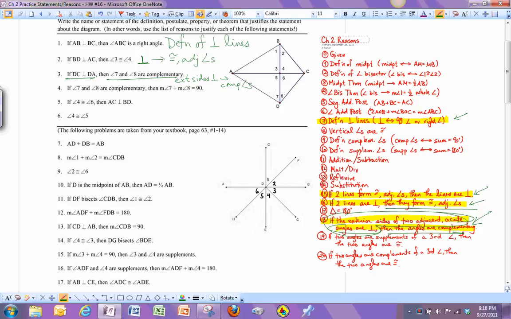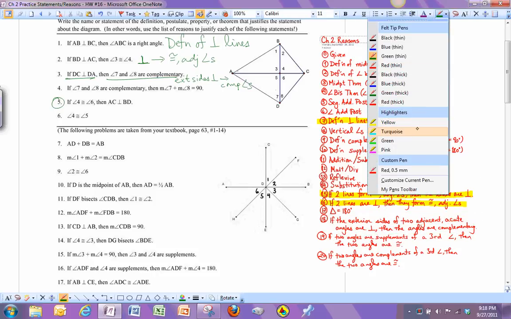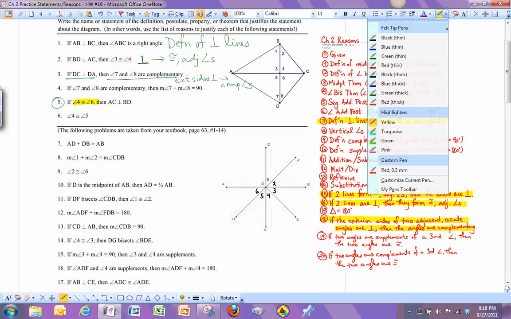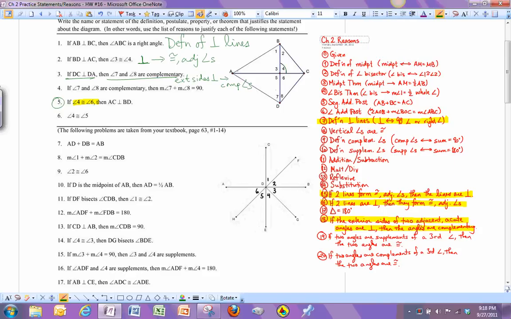Okay. Let's look at 5 here, because 5 also deals with perpendicular. So in 5, whoops, I erased the highlighting. Let me put that back. Yeah, that's right. So in 5 it says, if 4 is congruent to 6, so here's 4, here's 6. And so they're saying those 2 angles next to each other are congruent.